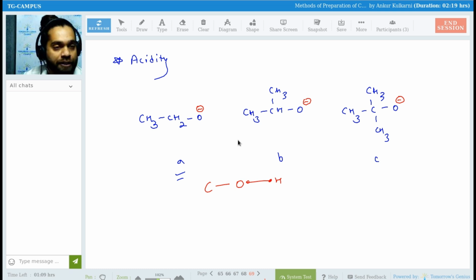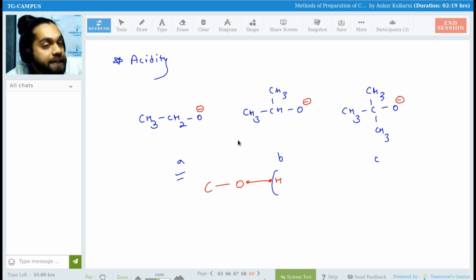Think about this: when a bond breaks, why does that bond break? If I break the H bond and after breaking the bond I am getting a stable species.